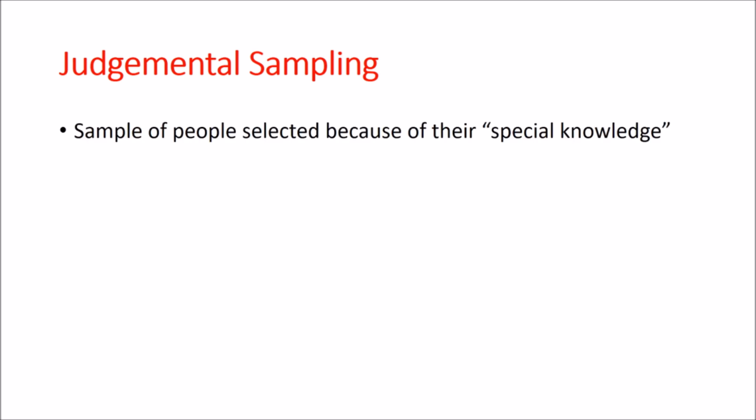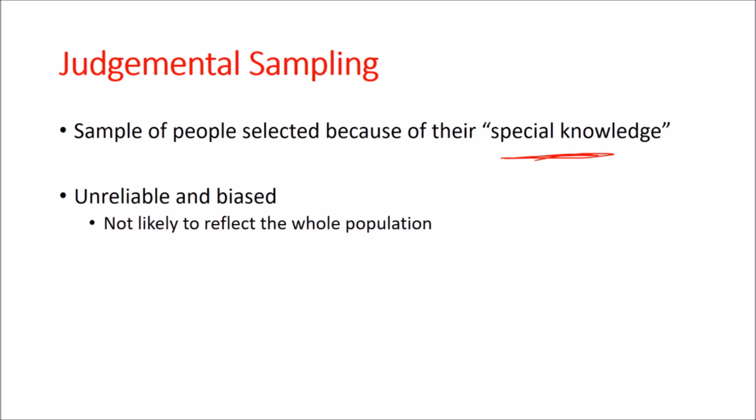Let's have a look at some other keywords. You need to make sure you understand every red word that you see in this PowerPoint. Judgemental sampling. So this is picking on people that have special knowledge. This is definitely unreliable and biased, because they are not likely to reflect the whole population.